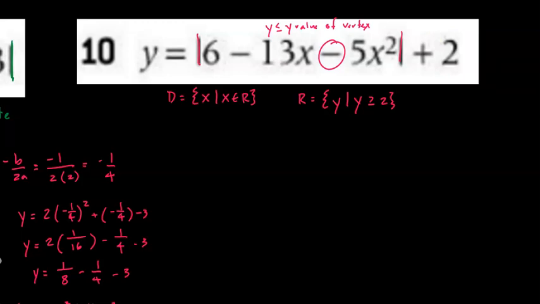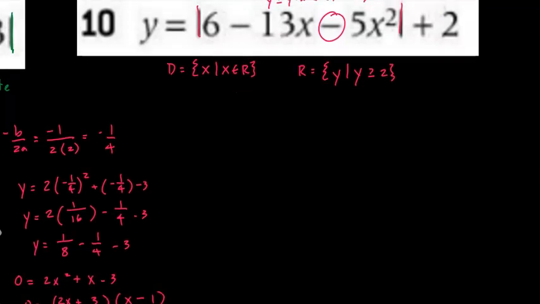Now let's try to graph it. Remember I said what's really important is the vertex and the x-intercepts. Okay, those are the two important things of that quadratic. So we have y equals -5x squared minus 13x plus 6. Okay, we're finding 0, so set y equal to 0. -5x squared minus 13x plus 6.